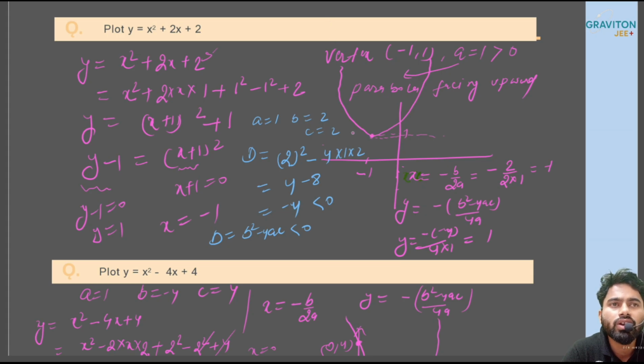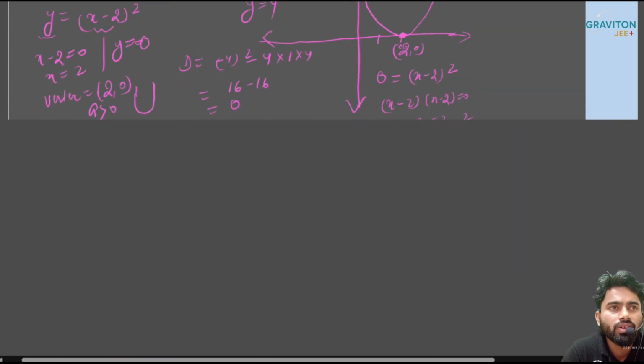So we say that the maxima will not exist. But if you ask about the minimum, from this point the parabola will never go downward in this case. So the minimum will be attained at this point. And what will be the minimum value? What is the y value here? You already calculated it. What is it? 1. So the minimum value will be 1.